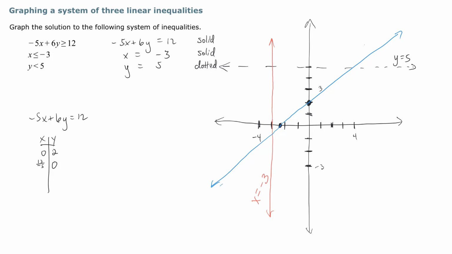And now we need to figure out the shading. If you look at the vertical and horizontal, the shading is a little bit more obvious. So what are all the y values less than 5? It tells you to shade this way, right? So I just indicate that with a small arrow. What are the x values that are less than or equal to negative 3? Once again, I'm going to indicate that with a small arrow.